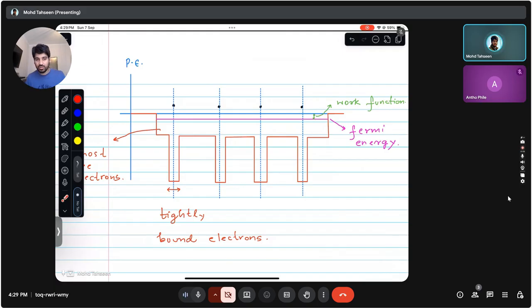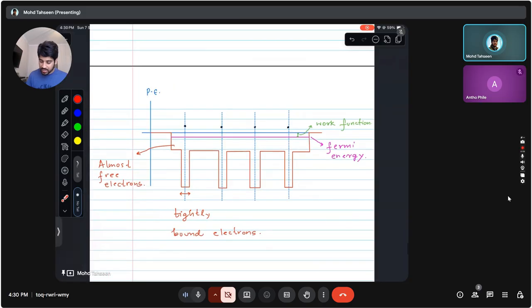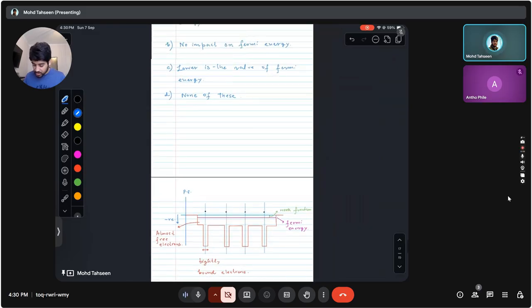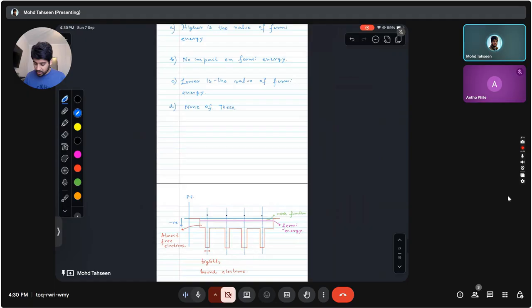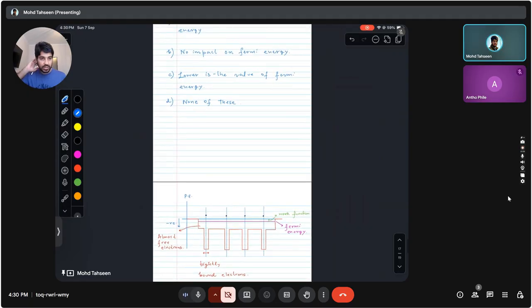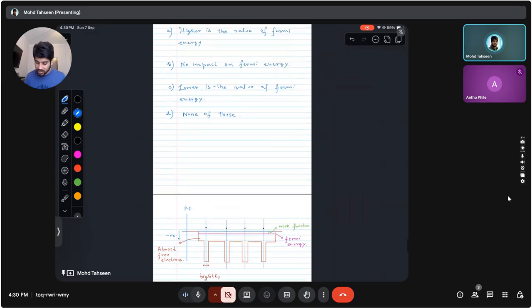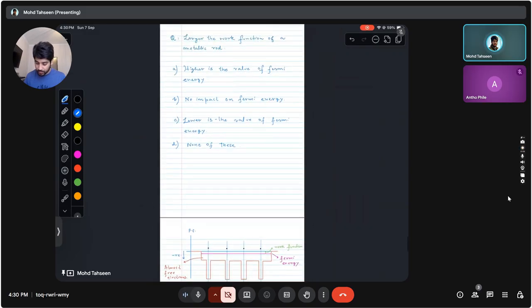Now we have to define what larger means, because the answer may vary in two situations. If by larger we imply that the Fermi energy is closer to zero, if we count that as higher, because generally this axis is negative, so if the Fermi energy is large in sign, then it is closer to zero. In that case, work function will be very low.